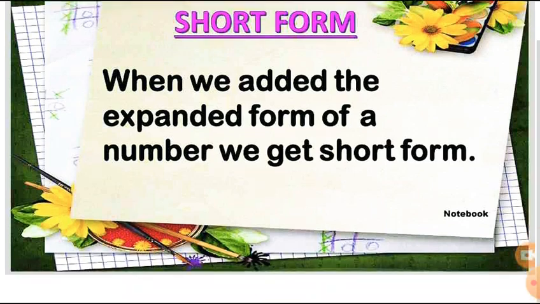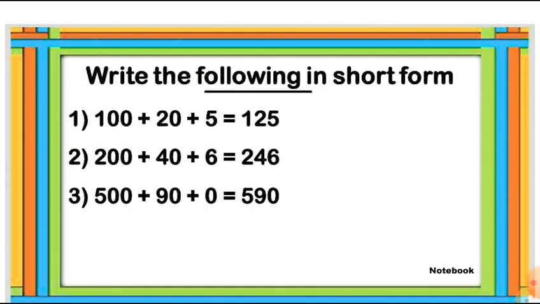I will show you some examples. Write the following in short form: 100 plus 20 plus 5. Children, do you know how to write this number in short form? 100. Which is the digit in the hundreds place? It is 1. So first you write 1. Then plus 20. Which is the digit in the tens place?